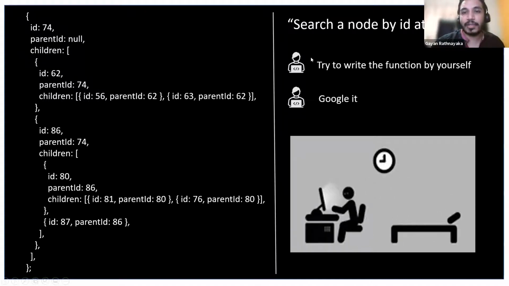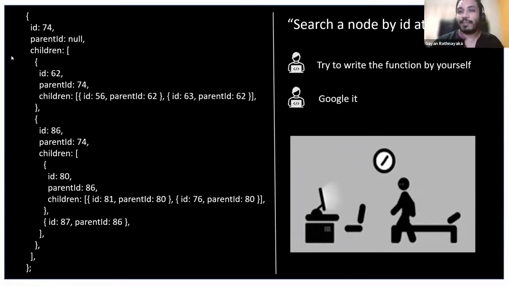We'll call this option A, and there might be people who like the second option, Googling. So this is option B. So could you please let me know what type of developer you are? Option A developer or option B? You can type into the chat box, or you can unmute yourself and answer.